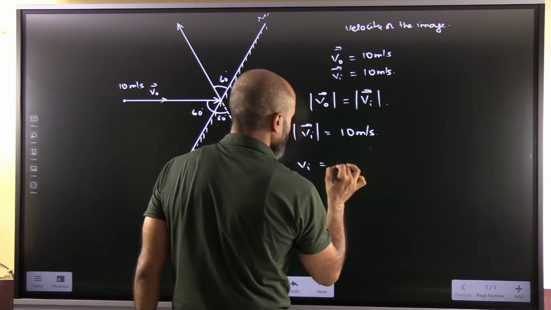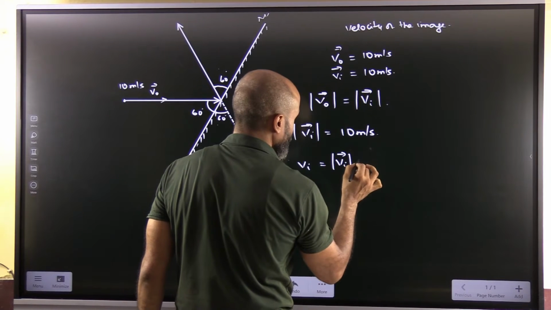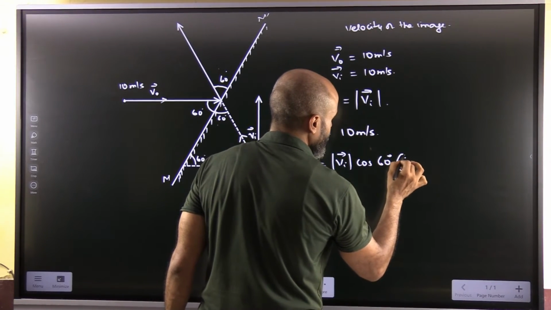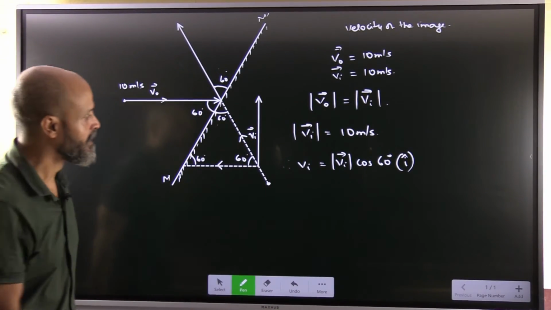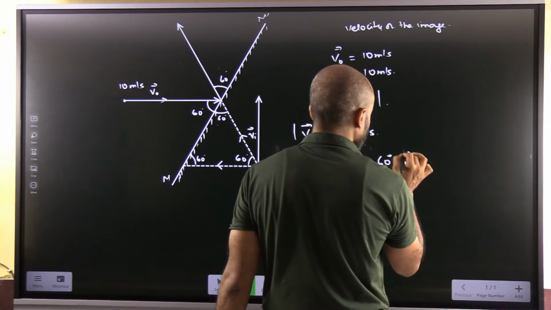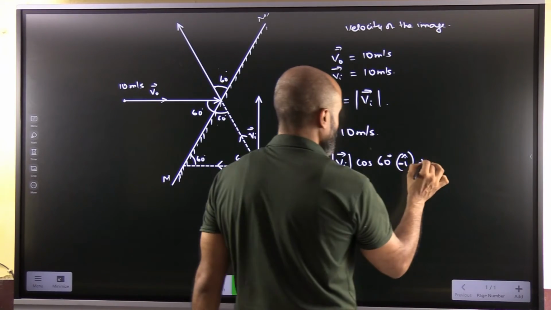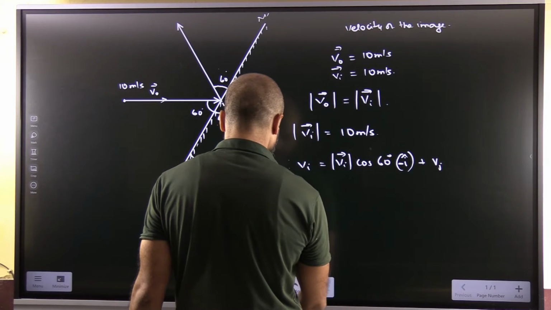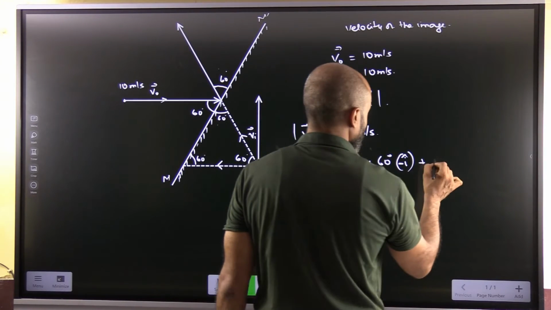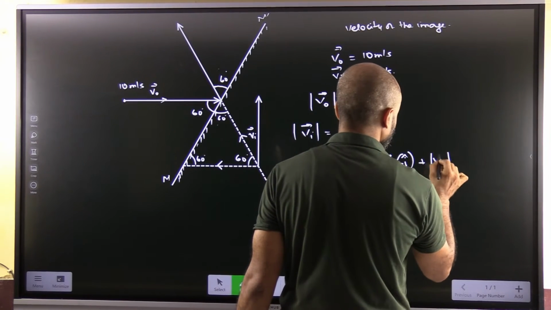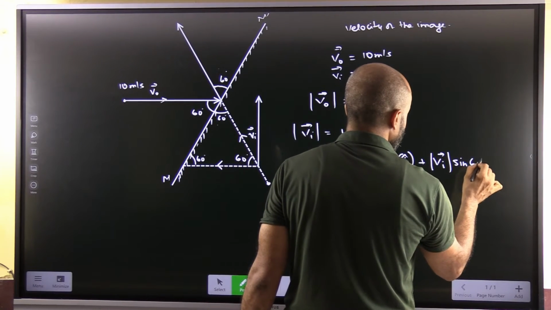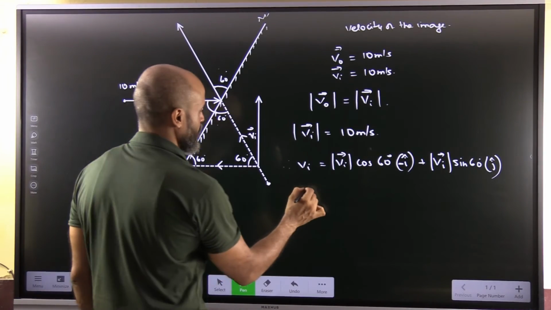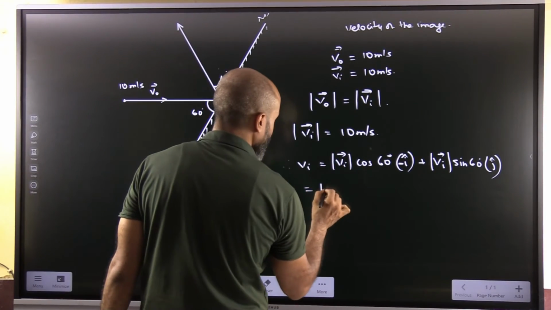So this will be vi cos 60 degrees, minus i cap, and similarly vi sin 60 degrees j cap. So let's calculate this here. Vi is how much? 10.